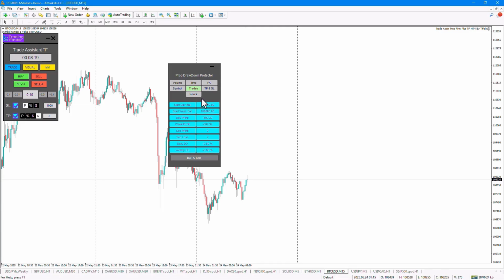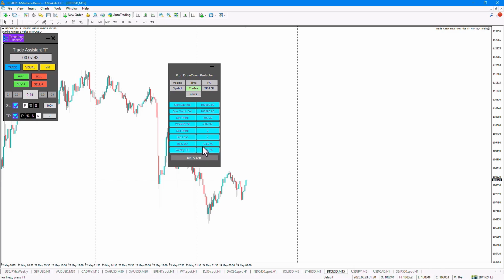The next tab is the Trades tab, which displays my trading information. The first section is related to the starting balance of the day. In this section, we can see the starting balance of the week, daily profit, the amount of weekly profit or loss, sequential profit, sequential loss, as well as daily drawdown and weekly drawdown.